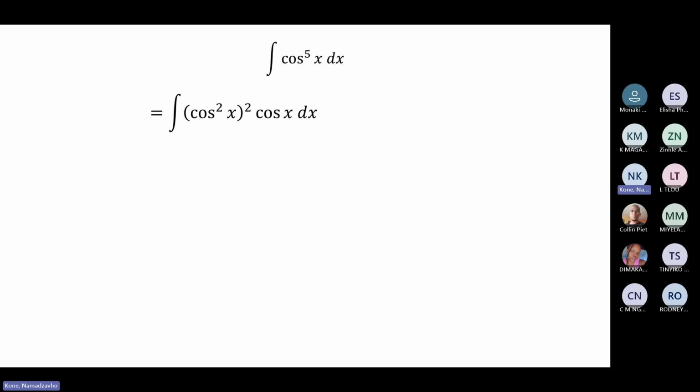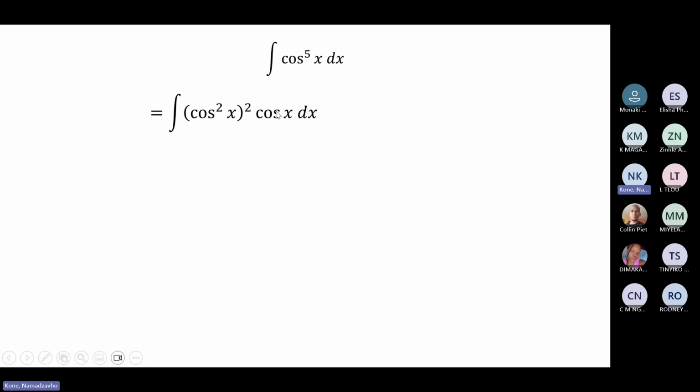That cos power of 4, also you can rewrite as cos squared x, power 2. This means it's cos squared x multiplied by cos squared x, which is cos to the power of 4x, times this cos x brings you back to exactly your cos to the power of 5. So from here, if you can understand that these two steps are exactly the same, then we can now continue.